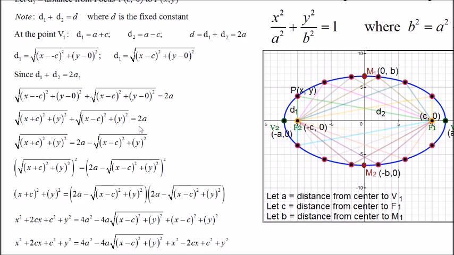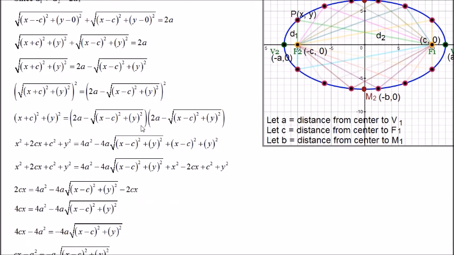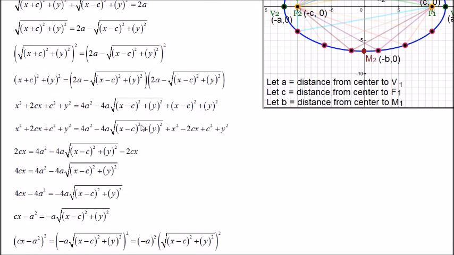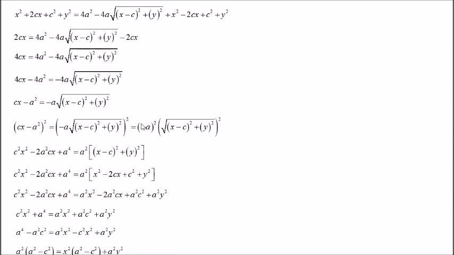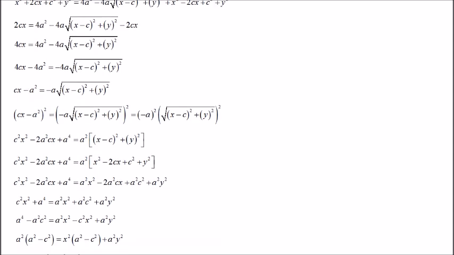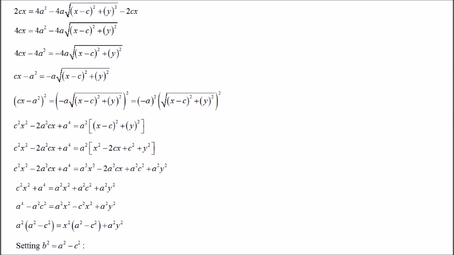And then just use algebra and go through all these steps. And we will end up with this. But B squared is equal to A squared minus C squared.